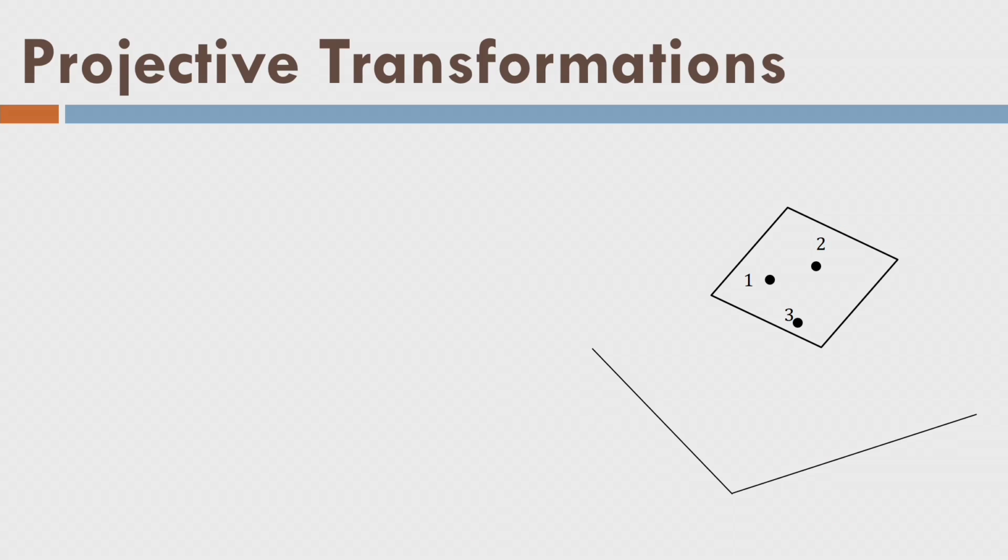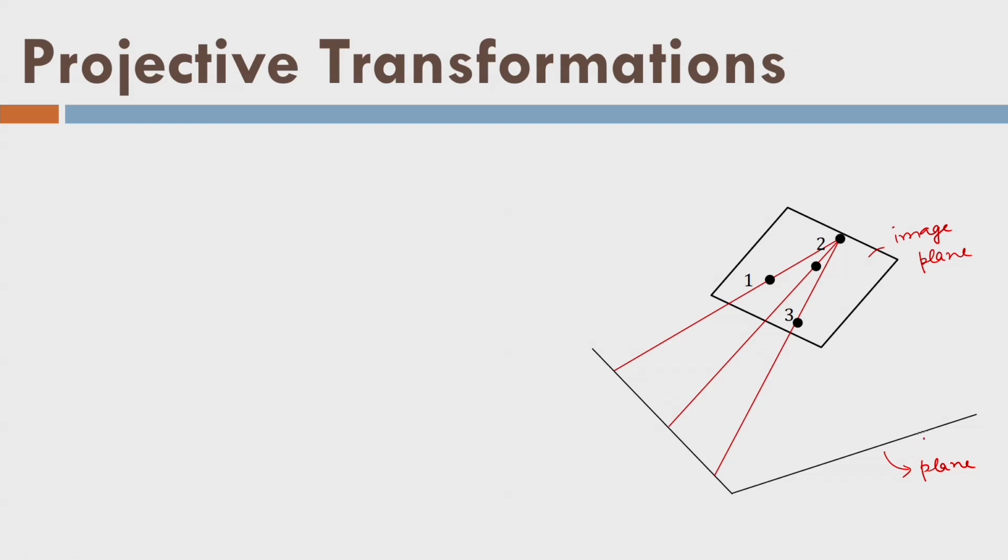Now, let us look at projective transformation. What is the meaning here? Let us say there are 3 points on an image plane, 1, 2 and 3. Say there is a point that connects all the 3 points by straight lines. There is another plane here. We are drawing 3 lines in this plane, which is the image plane, and let us say this is a map plane.